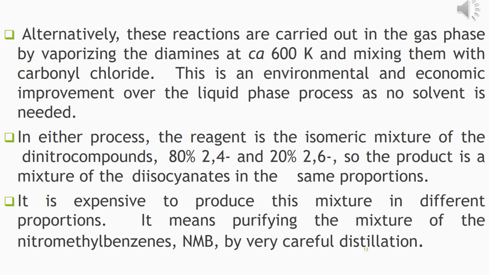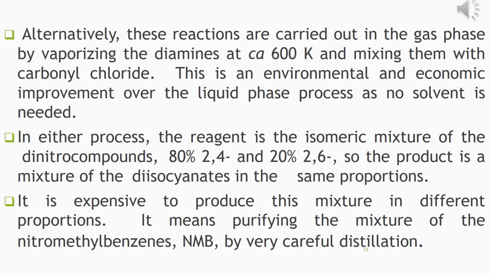Or we can take the commercially available diamine, toluene diamine, and react that with the phosgene, in either phase. Like in the gaseous phase, we can do the reaction of diamine with the carbonyl chloride, or we can do this reaction in the liquid phase.